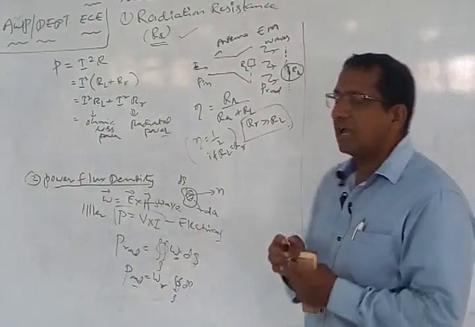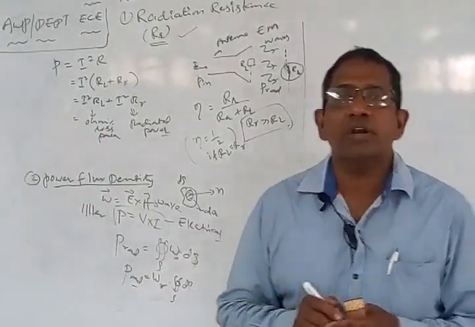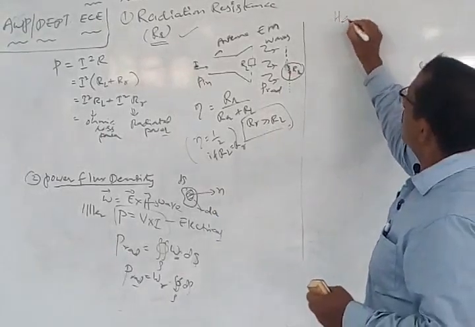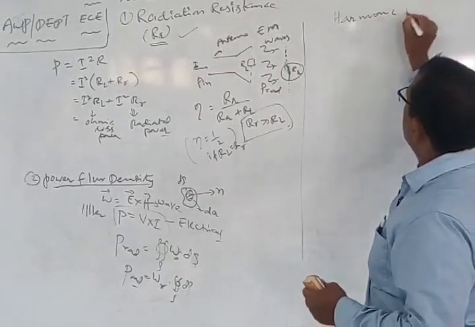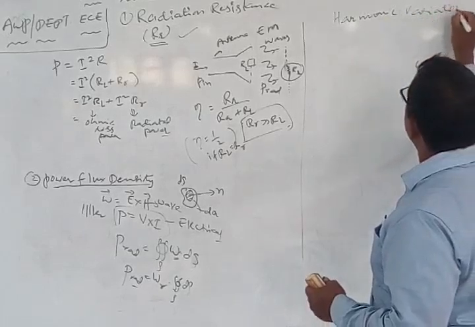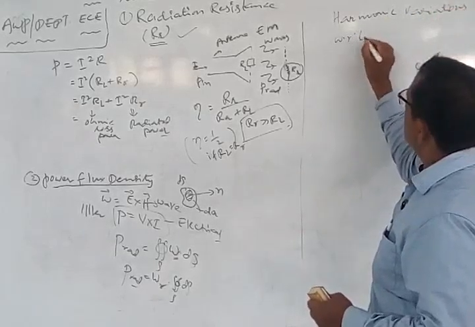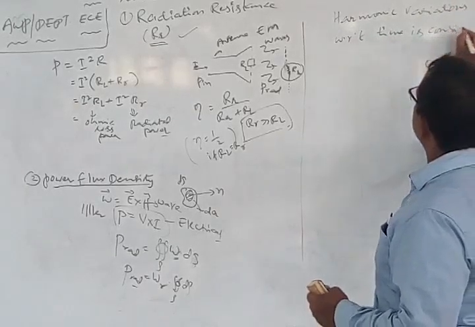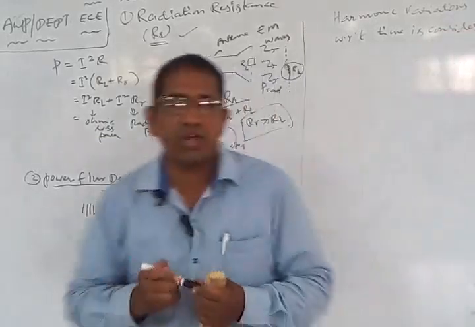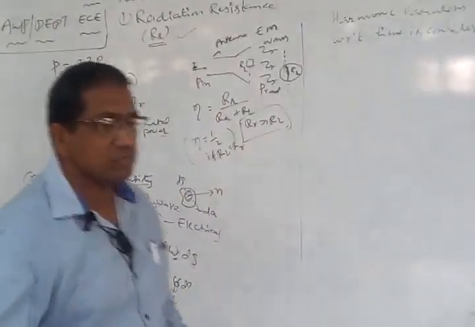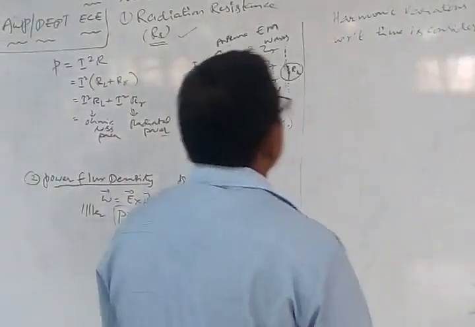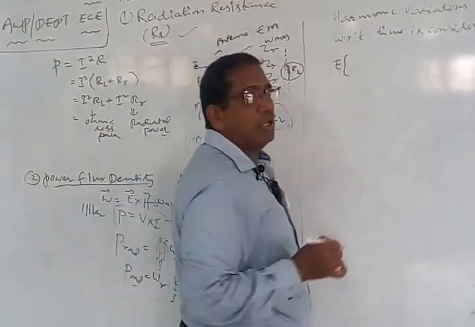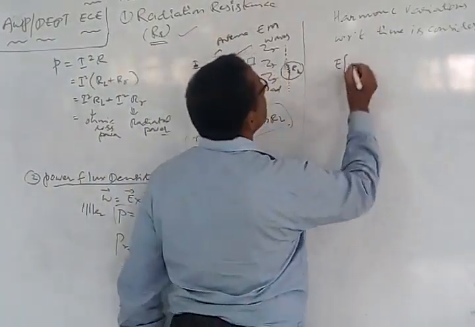Now when you consider the electric field for a time varying nature, if you consider the harmonic variations with respect to time, how can we write the equation for the electric field? The electric field is going to be E of the components.